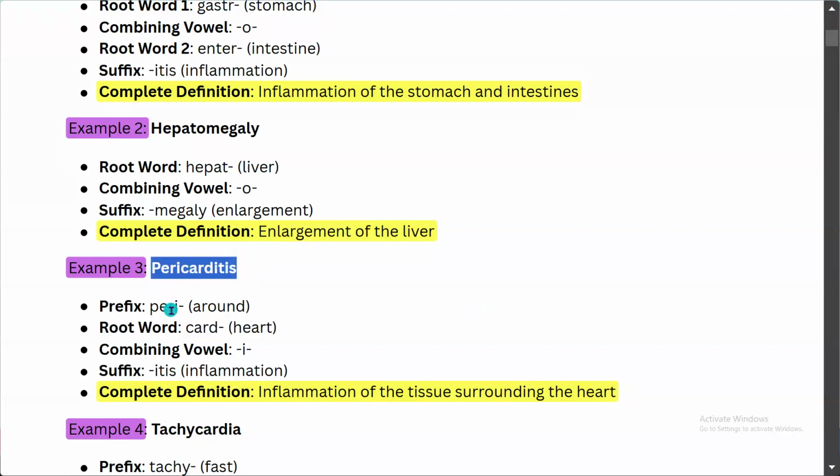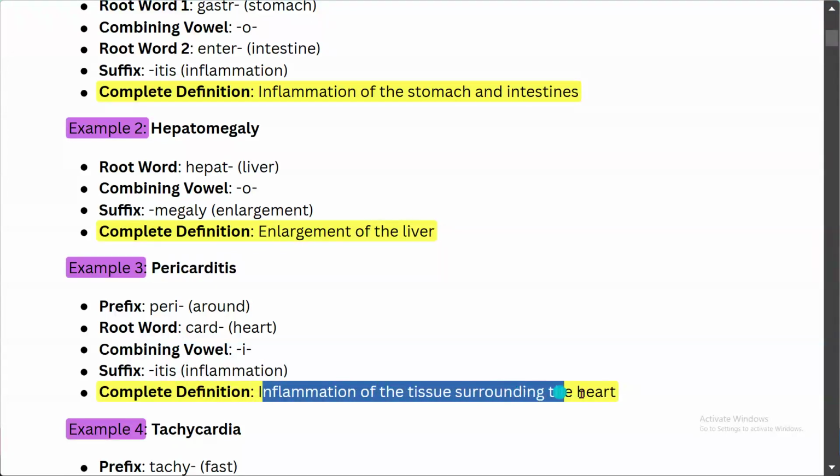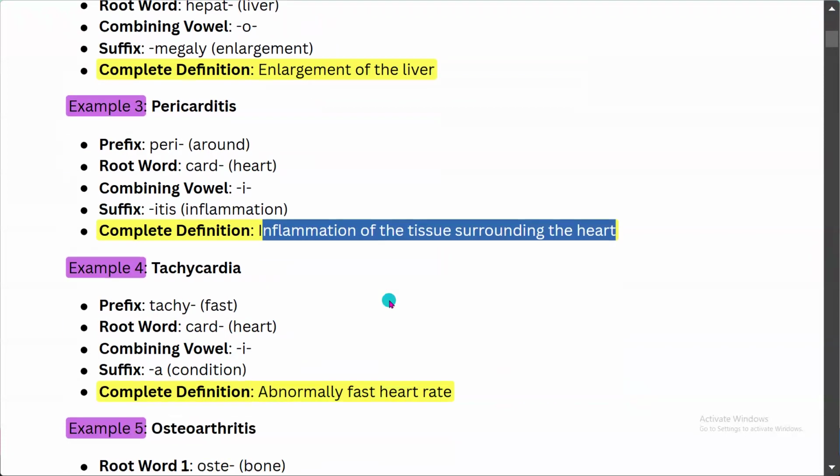Like the same thing, pericarditis. Here the prefix is peri, the root word is card, the combining vowel is i, and the suffix is itis, that means inflammation. So that means inflammation of the tissue surrounding the heart.